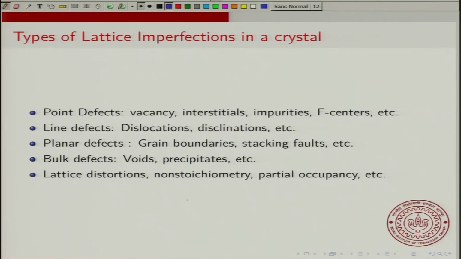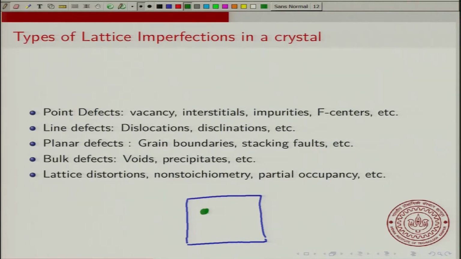So if you have a crystal of one material, which I am showing in blue, you could have some region with a precipitate or some sort of inclusion of another material. This green region is a different material. I am really thinking of a very large crystal here.